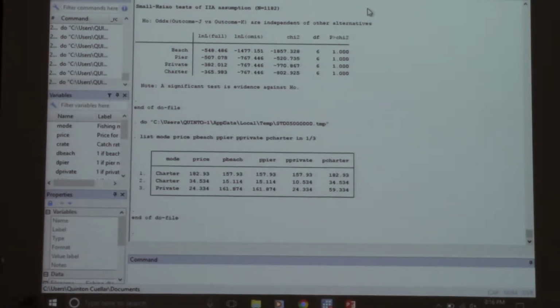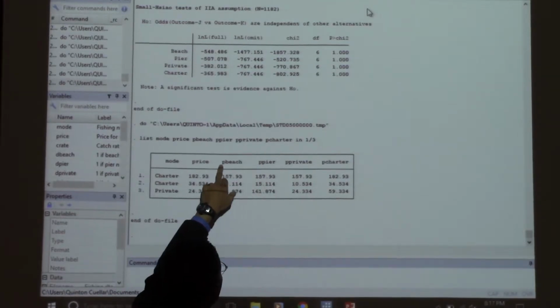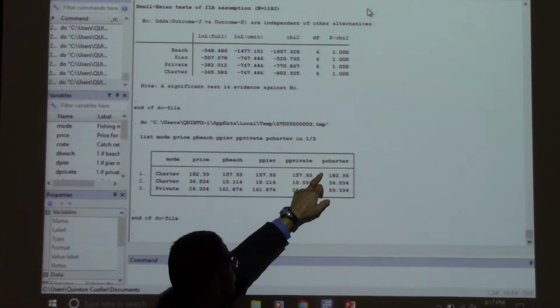So we're going to reshape this, and remember we need that stub, and these are already set up for us to de-stub, because these already have a price on. So price of beach, price of pier, price of private, price of charter.